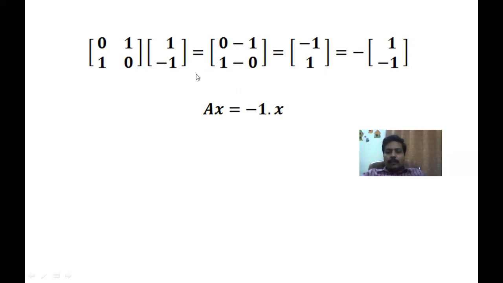So the sum of the eigenvalues is equal to the trace. Trace is nothing but the sum of the diagonal elements of the matrix. So that is one of the observations here. Let us look into some more examples before finalizing it.